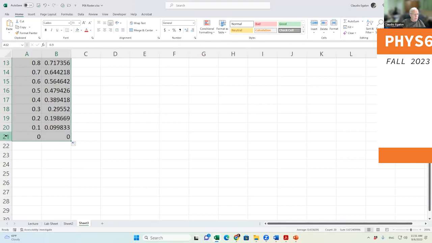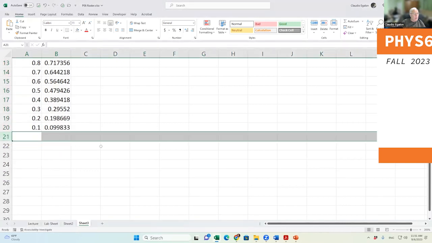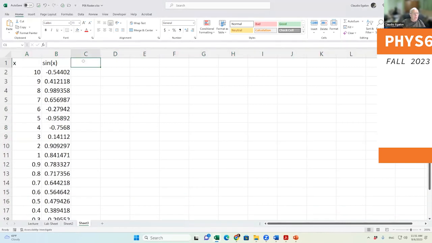I don't want the 0 here. And now what I'm going to do is divide sine of x by x. This divided by that ends up being something like that.